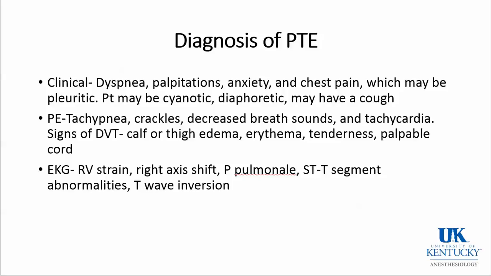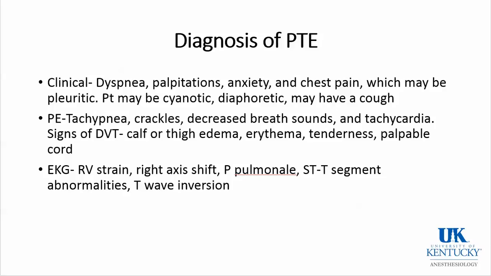So when you think about the diagnosis of pulmonary thromboembolism, you have to look at your patient clinically, physical exam, as well as what kind of tests are available to you. So clinically, you're going to see a patient who is dyspneic, they have palpitations, anxiety, chest pain, which might be pleuritic in nature. The patient might also be more extreme, cyanotic, diaphoretic. In your physical exam, you have to think about signs of right heart failure. You would listen for a split second heart sound, jugular venous distension, hepatic enlargement.